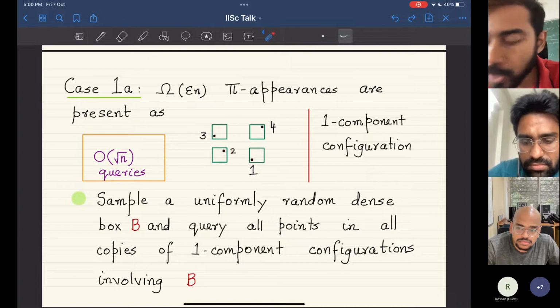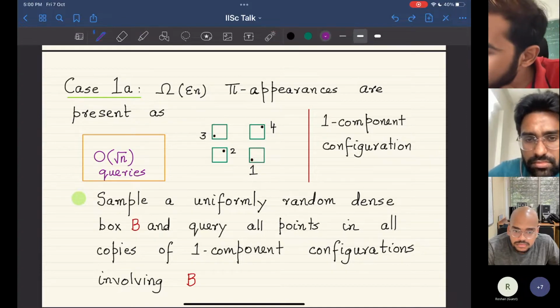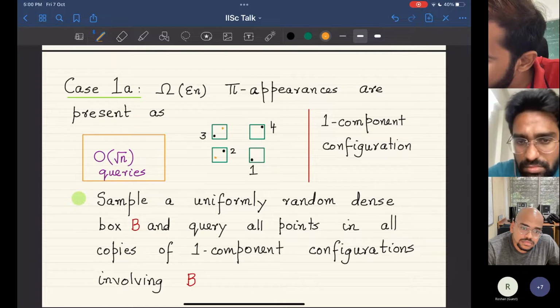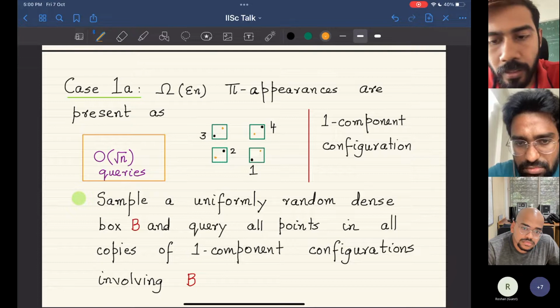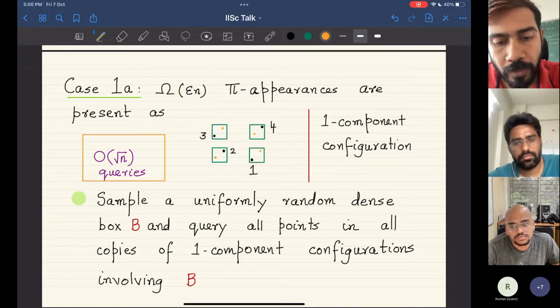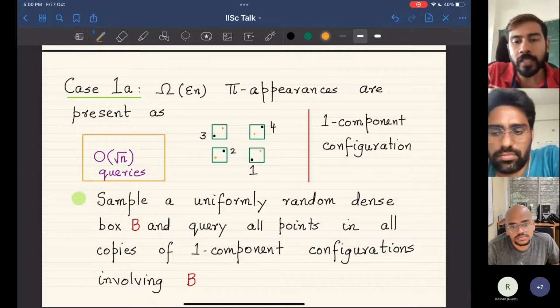Maybe these boxes got marked because of these 4 points, and that does not tell me that there is a 3214. They're simply marked, but they look like a rectangle.